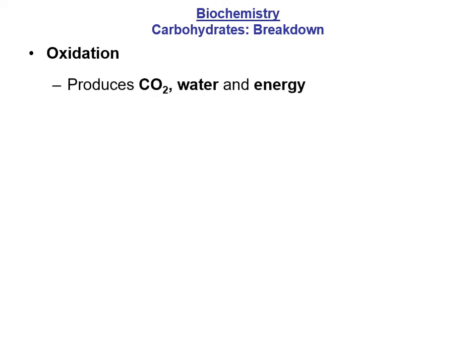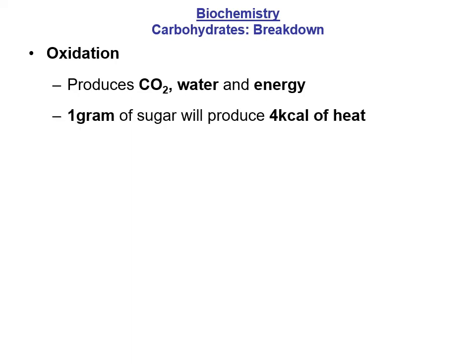This process of oxidation will produce CO2, water, and energy. 1 gram of sugar will produce about 4 kilocalories of heat. And when they say heat, they just mean energy. The interesting thing about that is when we get to lipids, you'll see that lipids actually will make about 9 kilocalories of heat. So you actually get more energy out of lipids than you do out of sugars.